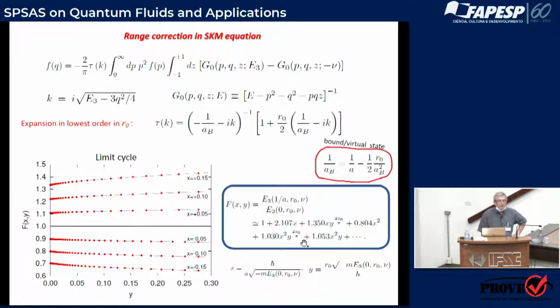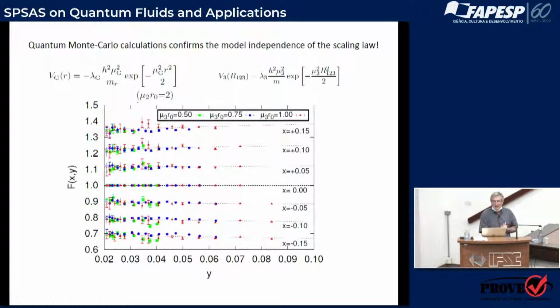Now you say, okay, very beautiful, but this is only valid for the Skorniakov–Ter-Martirosian equation? No. Quantum Monte Carlo calculations with a Gaussian-Pöschl-Teller potential give, at least for the small ranges that we had assessed, a pretty reasonable result. You could say, oh, this is just a quantum calculation, but you can see exactly the behavior of these functions.